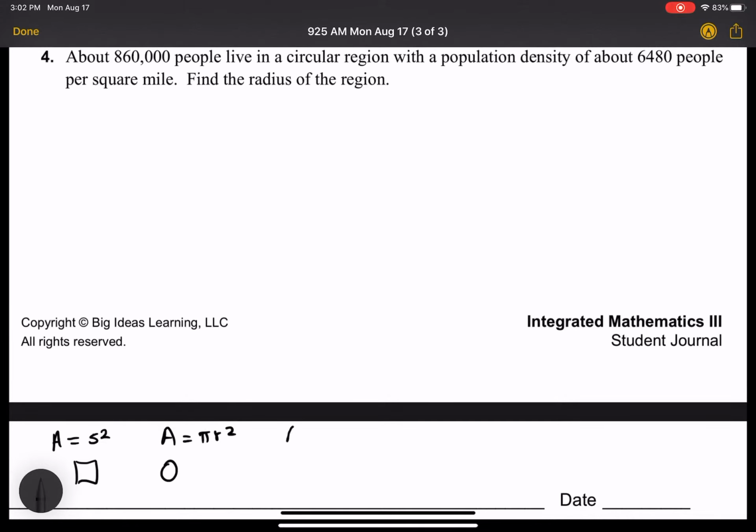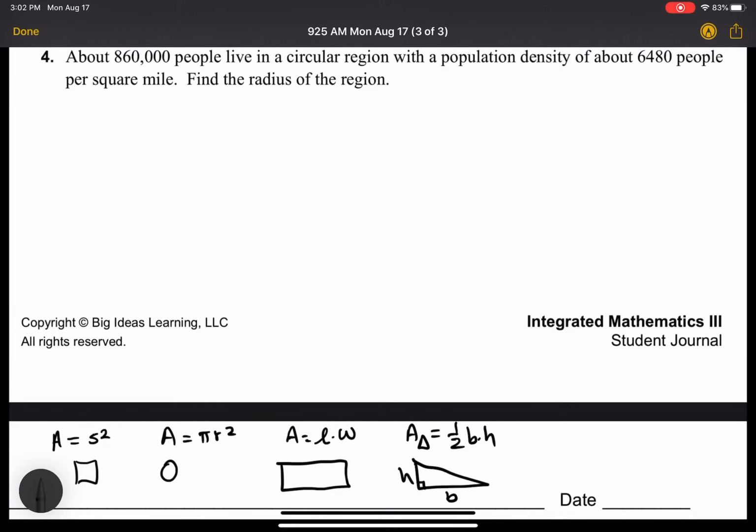The area of a rectangle, I think we also used it, is length times width. And the area of a triangle, if you need it, is 1/2 base times height, if you have a triangle with base and height. So memorize some of these formulas because we're going to use them over and over again.